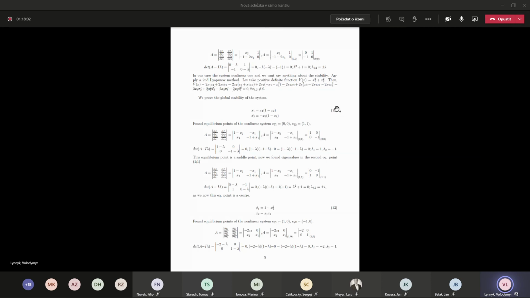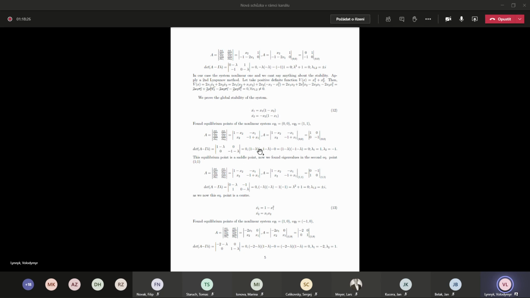Example number 12: x1 dot equal to x1 times (1 minus x2), x2 dot equal to minus x2 times (1 minus x1), and we need to find the equilibrium points. These are two equilibrium points, (0, 0) and (1, 1).